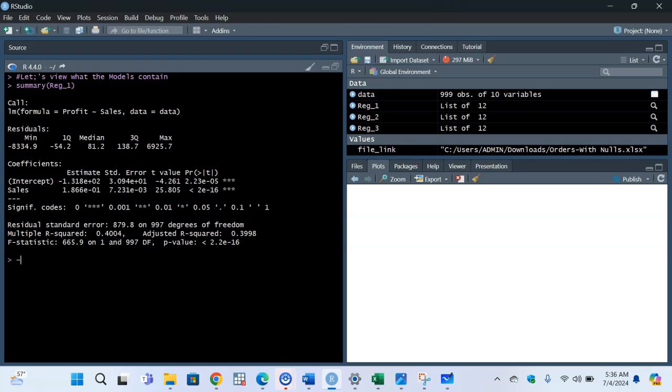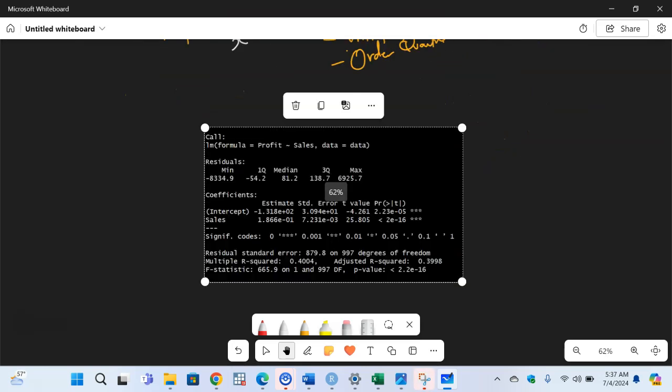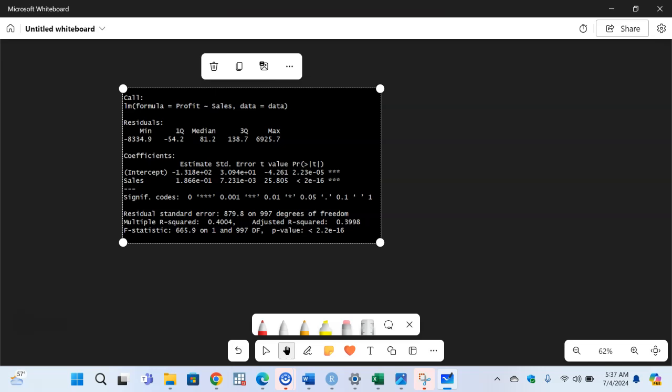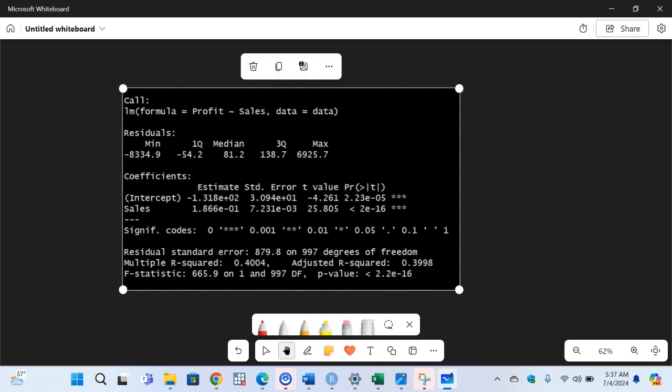Yeah, and let me go and explain these models. So if you come here, let's try and have a look at this model. So this is the first model.